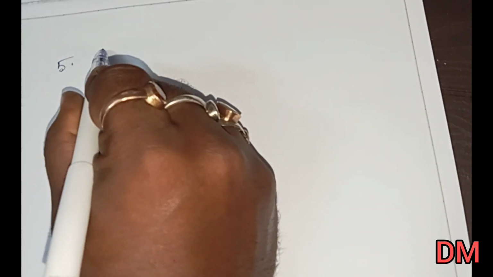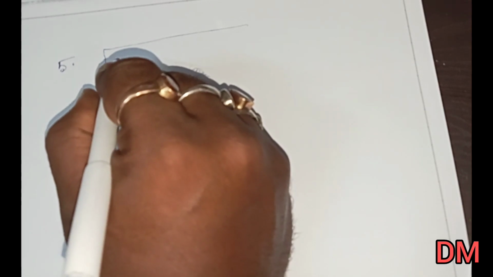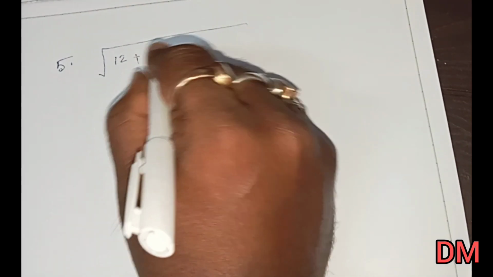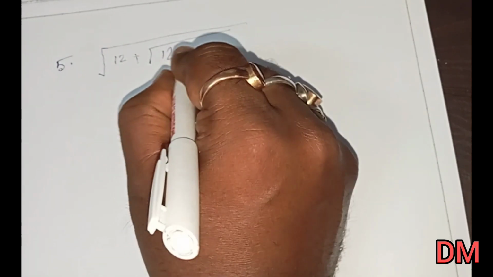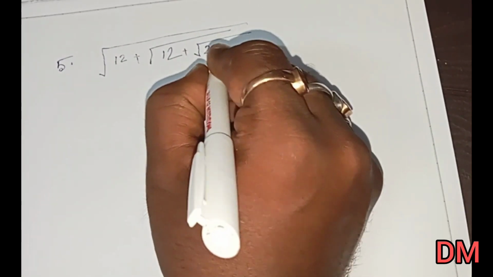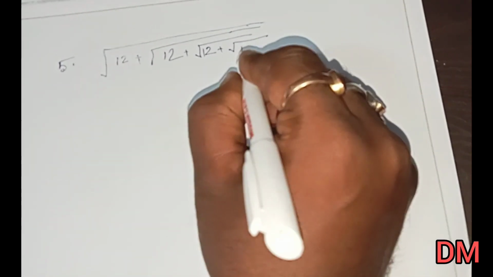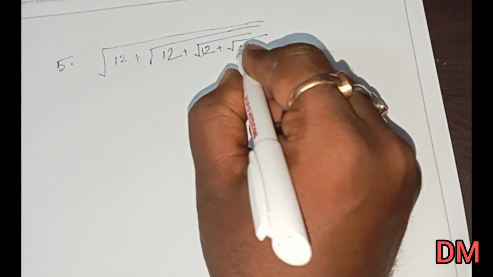Now one more problem, the fifth: root under 12 plus root under 12 plus root under 12 plus root under 12 up to infinity.